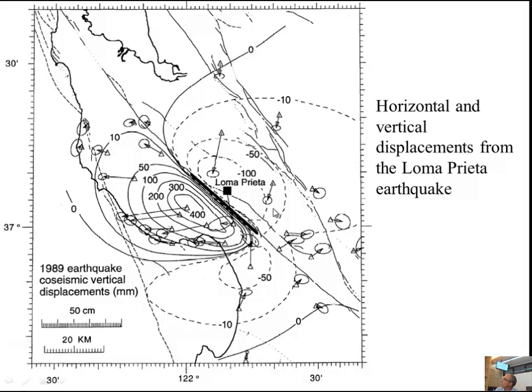And so this shows the dislocation, or the horizontal motion. So you see it's pulled in and pushed out, pulled in and pushed out. So this is showing the 3D effect of this finite rupture that's only this length here.